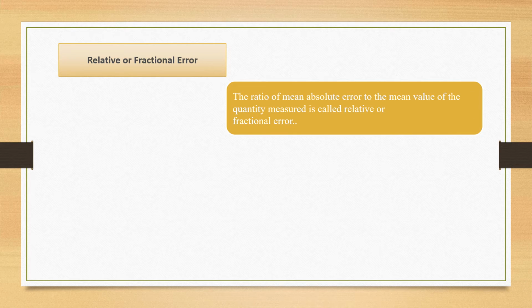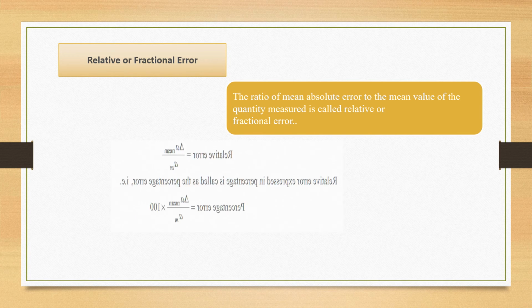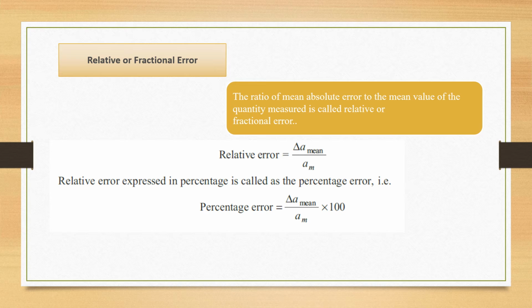Relative error or fractional error. The ratio of the mean absolute error to the mean value or true value of the quantity measured is called relative error or fractional error. The formula is relative error equals delta A mean, the mean absolute error, divided by the true value.